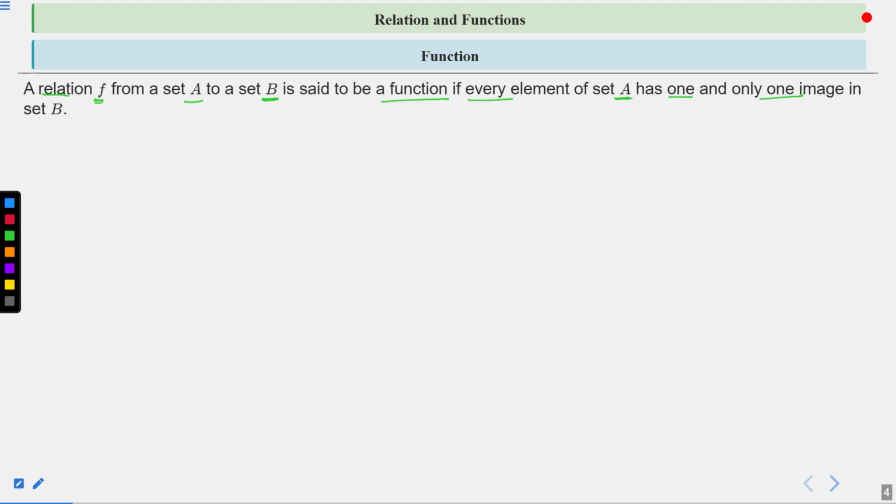We cannot have any element from set A being associated to two elements of set B. We only want one and only one image for an element of set A in set B.